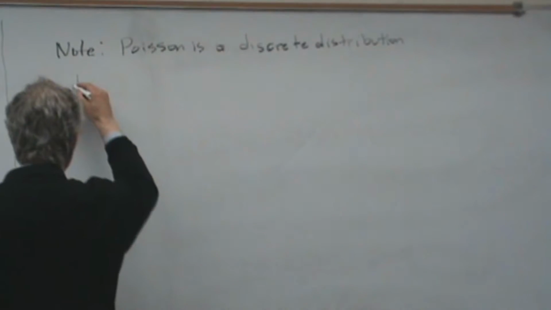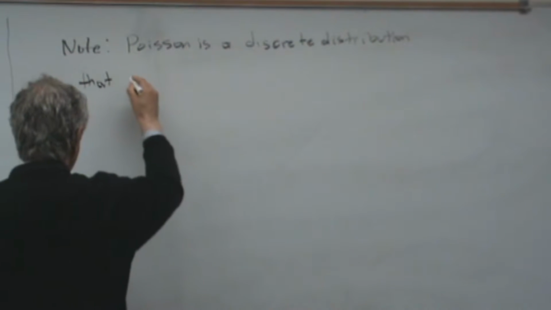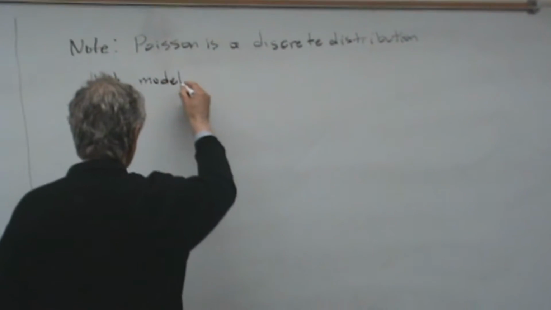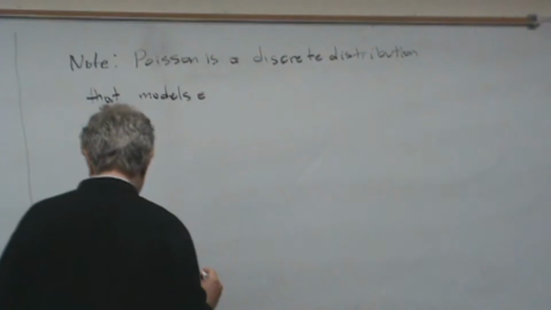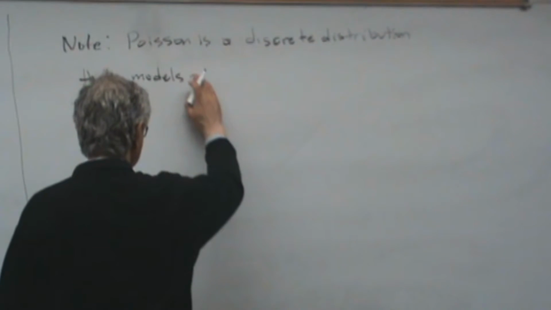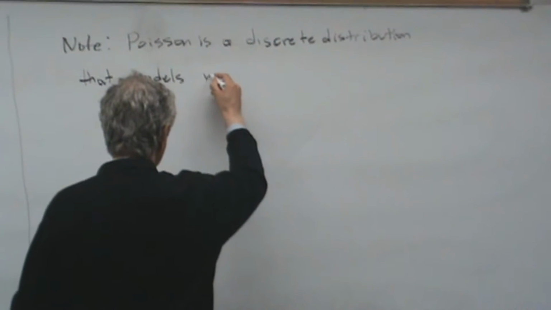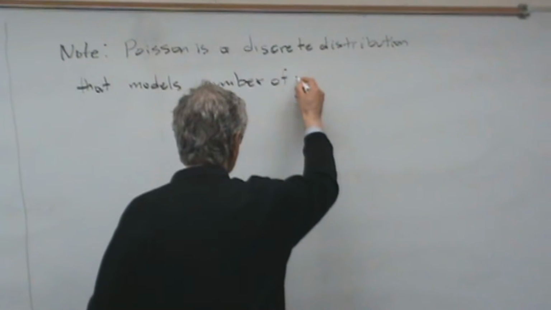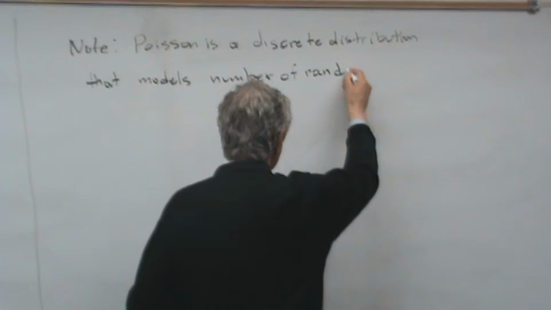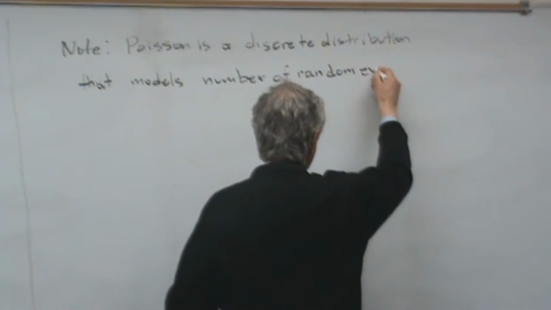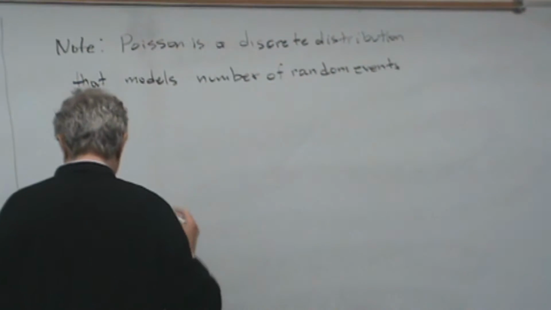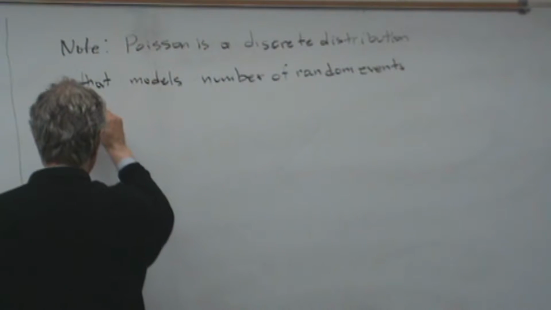That models the number of random events occurring in a fixed period.